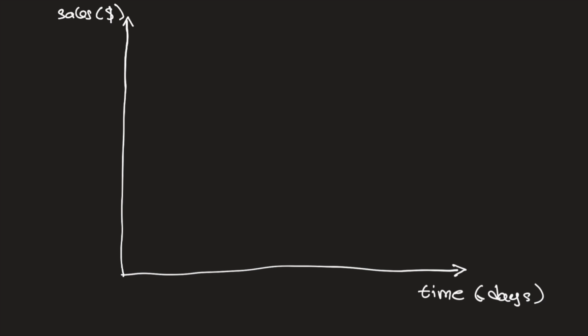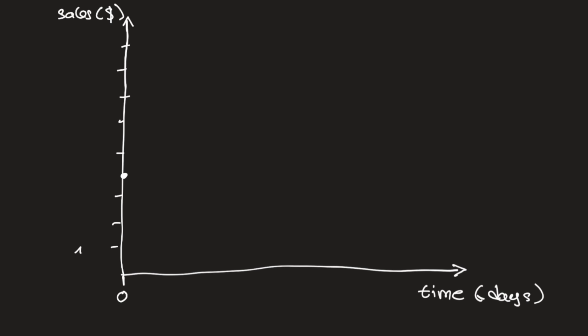And what we are observing is at the beginning of the competitor's campaign, this is the day 0, how much sales we got. So we began somewhere here. So we have a point here. So this is how many sales we had.